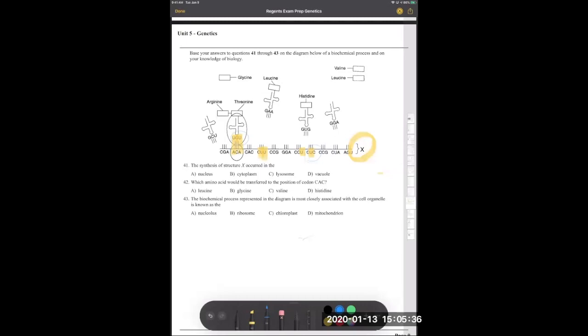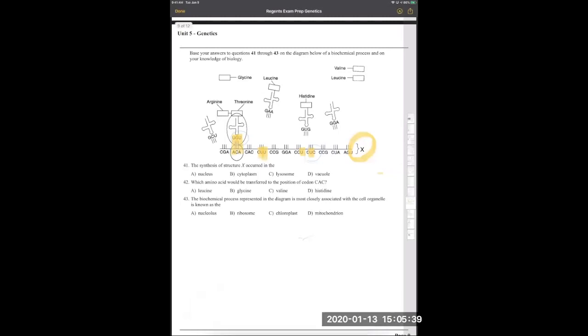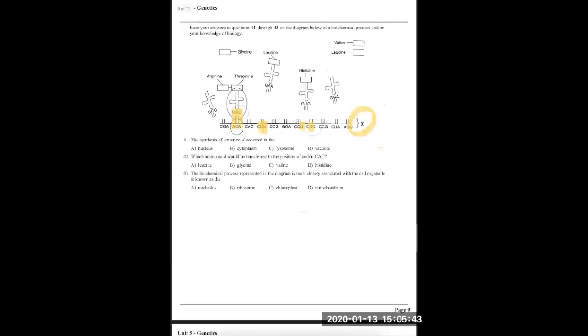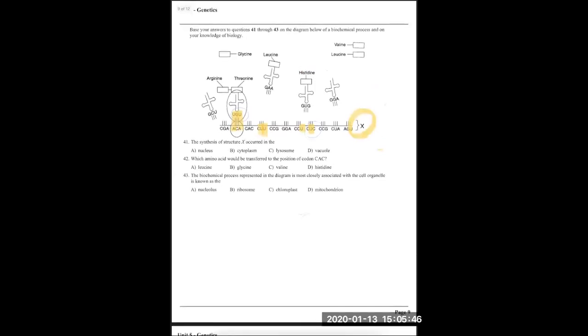42. Which amino acid would be transferred to the position of codon CAC? All right. CAC basically says match, right? So what can we get? If C attracts G, A attracts U, and then C attracts G, that is going to be GUG.